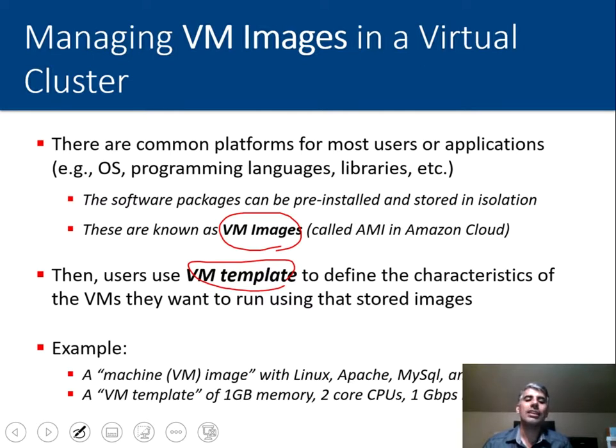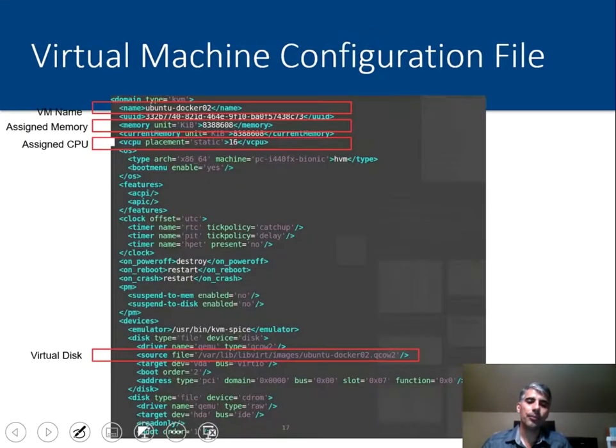That is the template, the VM template that tells the hypervisor what type of VM to be created out of that image. So once you have the image, you can create different VMs with different resources. This is an example of a configuration file, a template that tells it the name of the VM, how much memory it is assigned, how many cores it is assigned, what the virtual disk address is, and things like that.